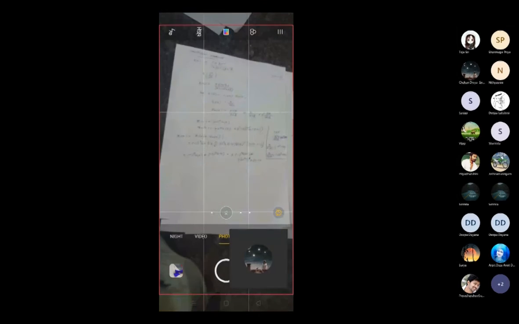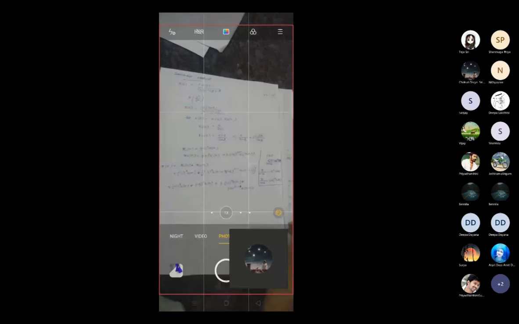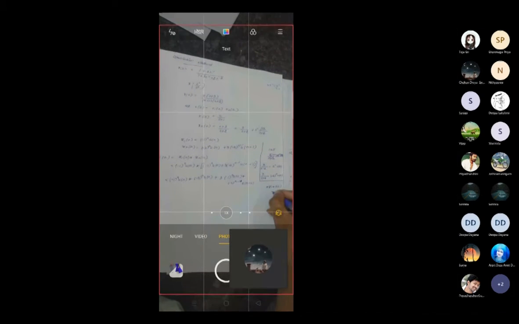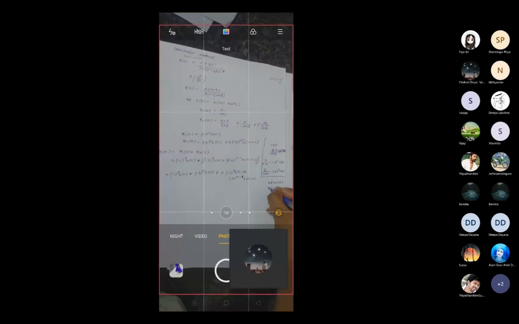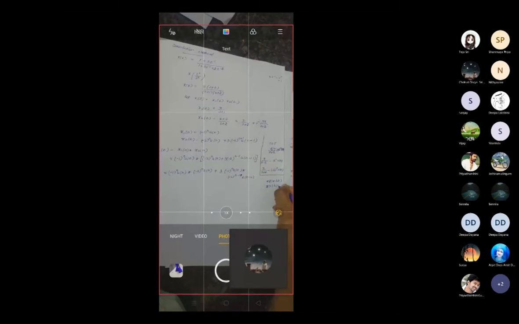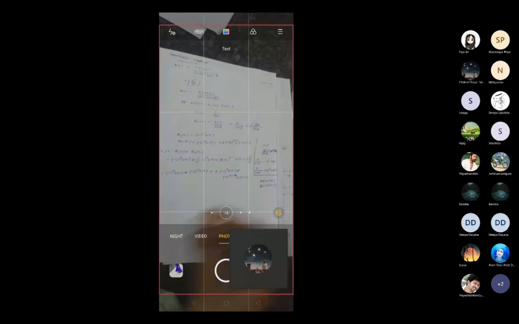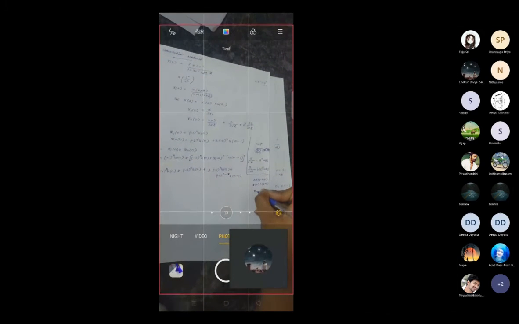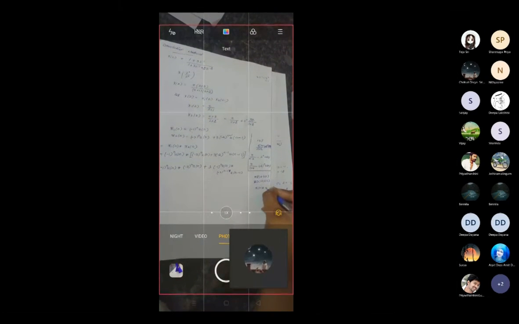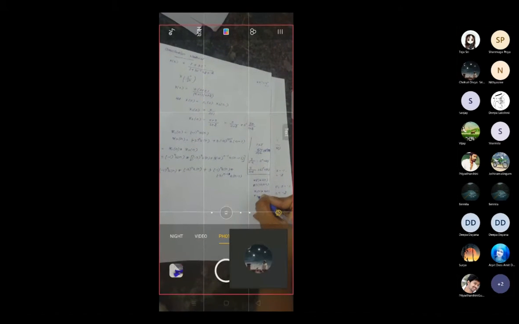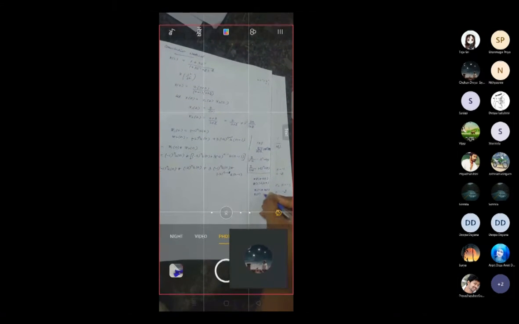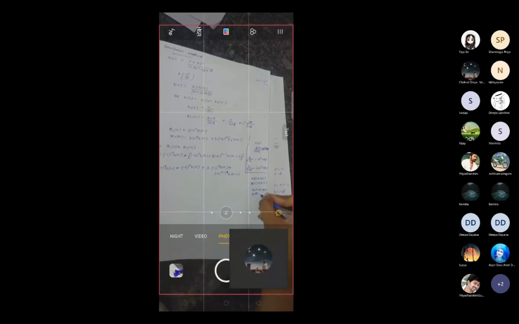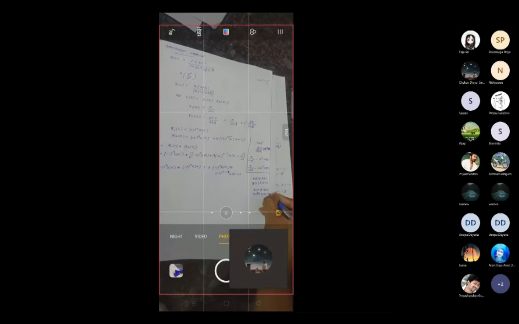Next, for this you have to find the convolution. What is the convolution formula? Already you know: x(t) convolution h(t) is x(tau) into h(t minus tau). Here everything is in terms of n, so x1[n] convolution x2[n] is x1[k] into x2[n minus k].